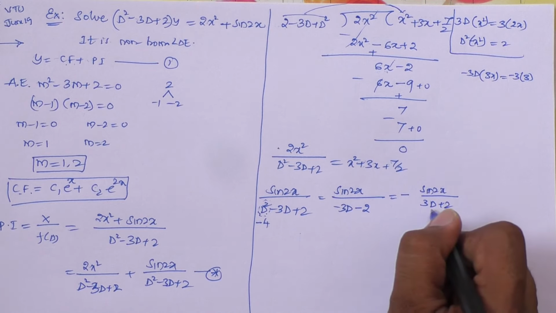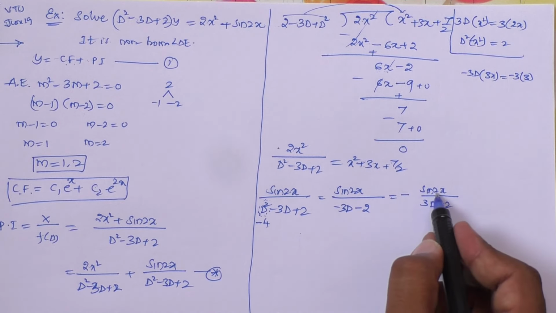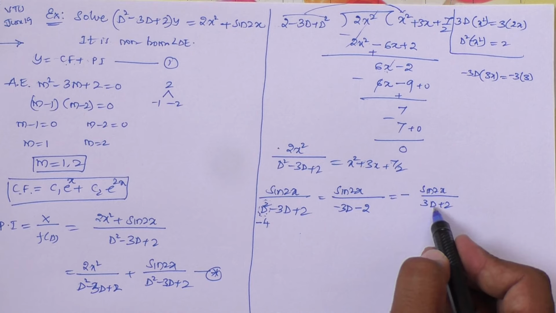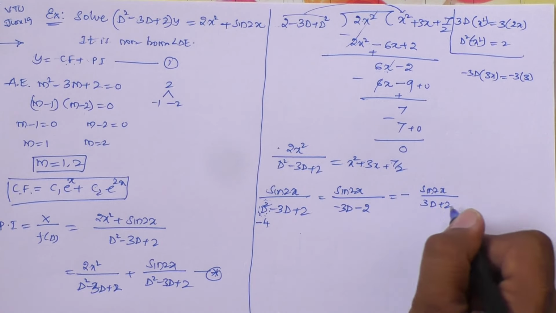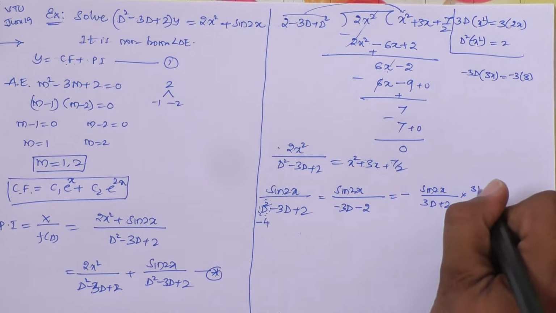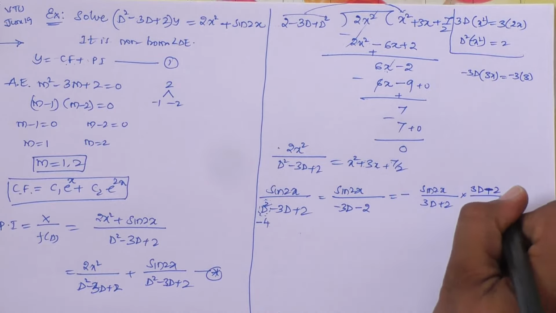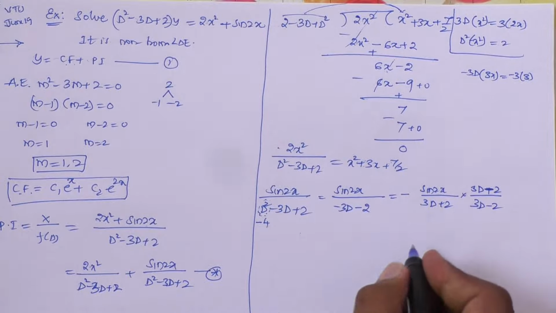Here the denominator is D, but whenever sin is there, the denominator must be D square, then only it can be simplified. So to convert the denominator term to D square, multiply by its conjugate 3D minus 2. Multiply and divide by 3D minus 2.